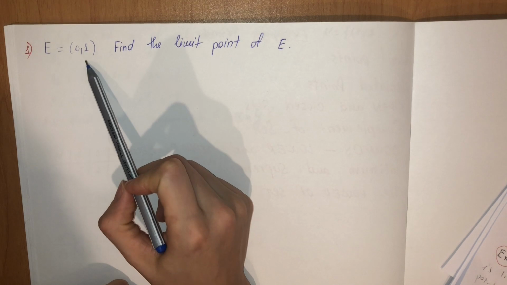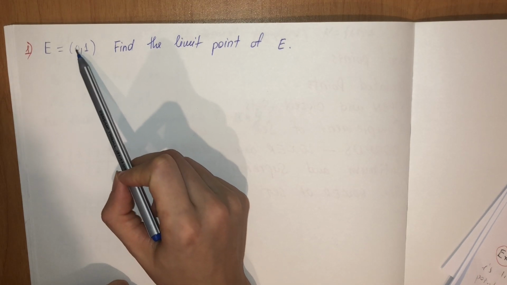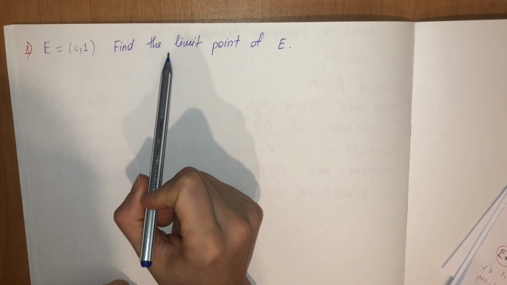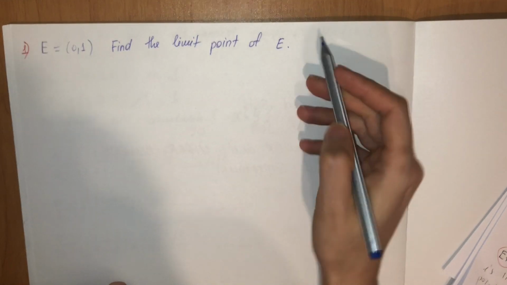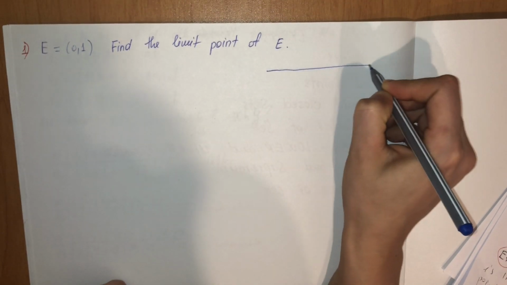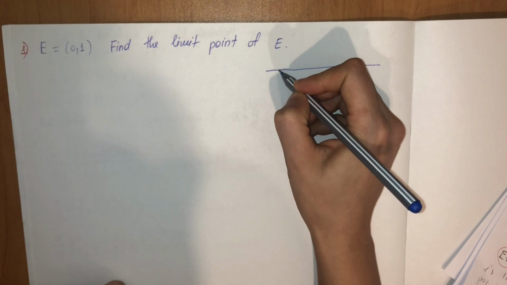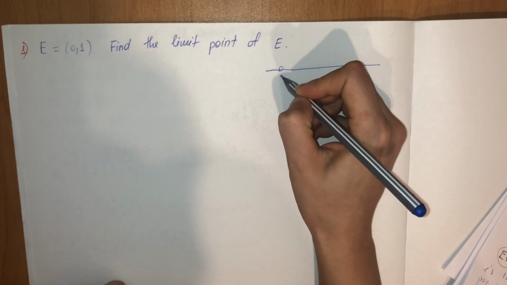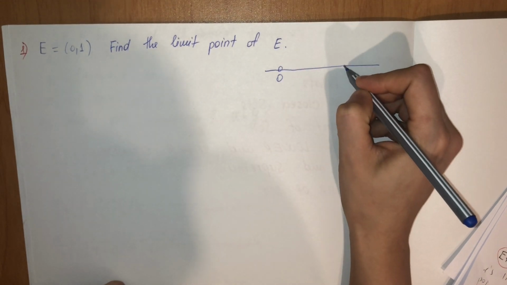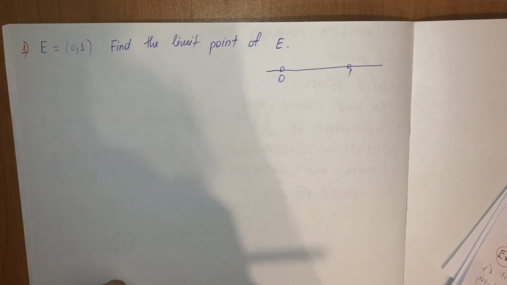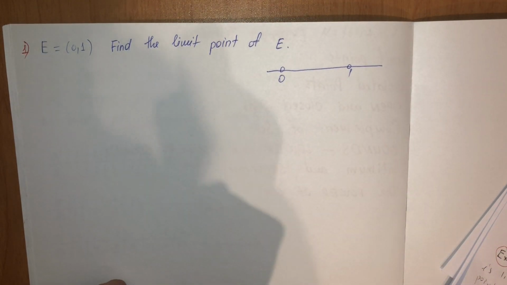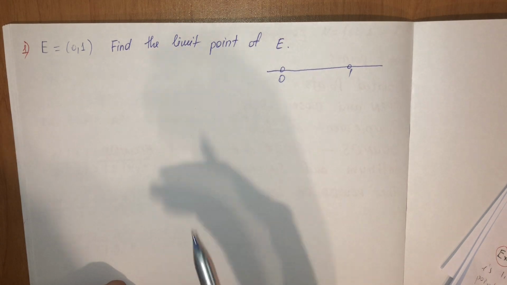Our first question: we are given an open set E, and we should find the limit points of E. This is our real number line, and this is our 0 and 1. So what is a limit point? Firstly, let's recall the definition.